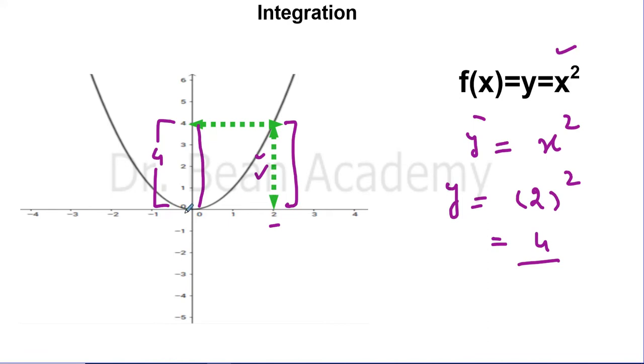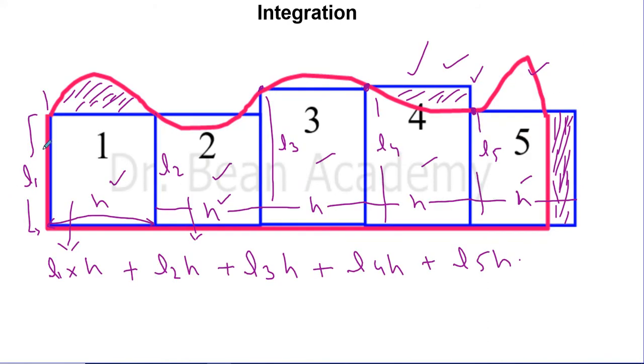So now you know how to calculate the length of a rectangle here, because I told you that you can put the rectangles inside this shape, and I told you to make sure that any one corner, whichever you choose, touches the curve, but do it for all the rectangles. So here I chose the left corner to touch the upper line.